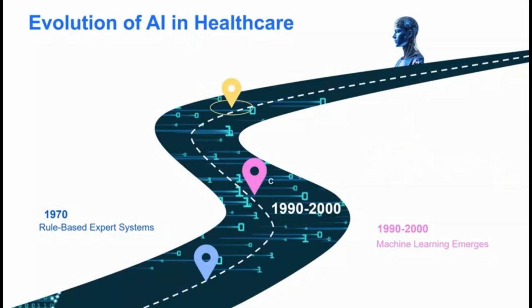A particularly groundbreaking application of AI came with the development of deep learning. Deep learning marks one of the most significant breakthroughs in the evolution of AI, particularly in healthcare. Its ability to process complex data has paved the way for revolutionary applications.